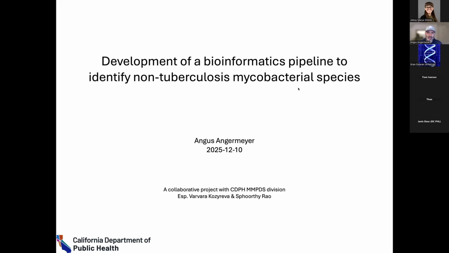And they fall into this group of non-tuberculosis mycobacteria. It's a diverse, varied group and it's got some eccentricities. So we wanted to work on a pipeline that would help parse some of that out and be really specific to NTM.